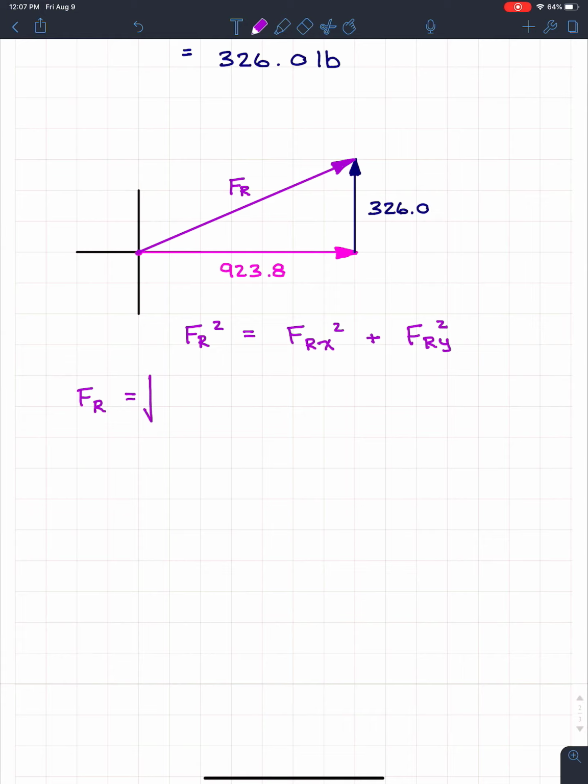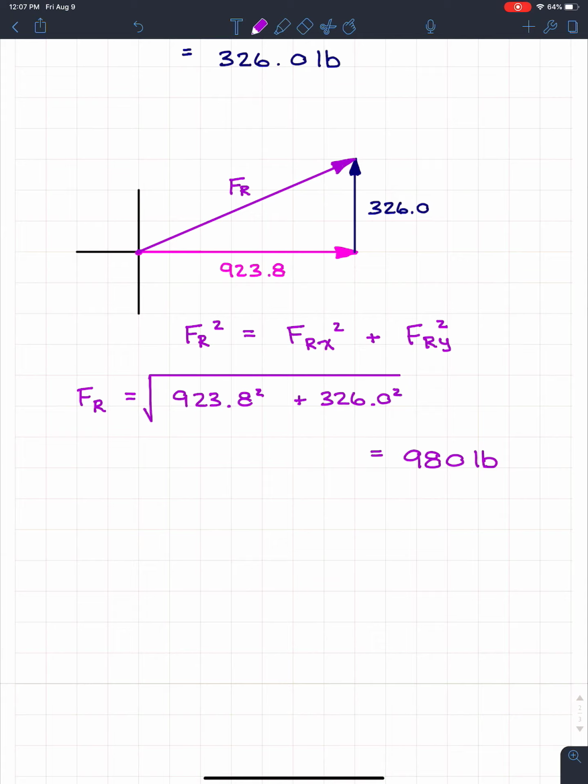So the magnitude of FR is going to be equal to the square root of 923.8 squared plus 326.0 squared. Awesome. So we type that in our calculator. We're going to get that FR is 980 pounds.